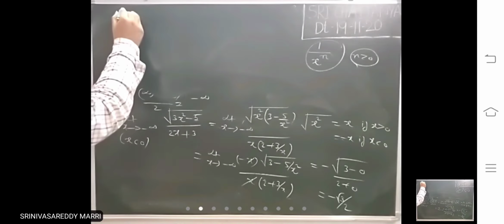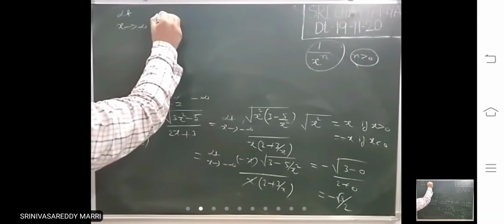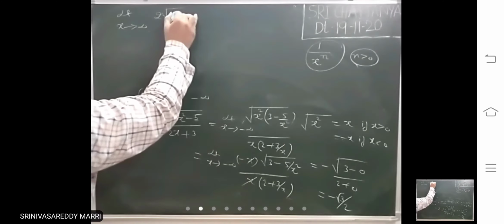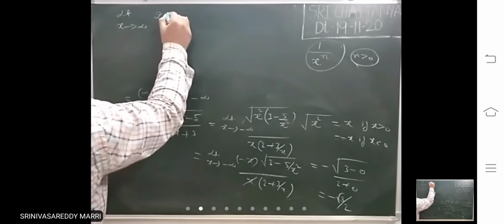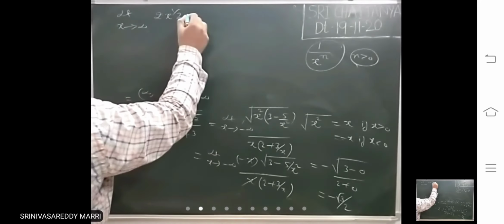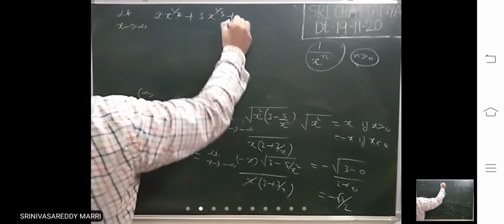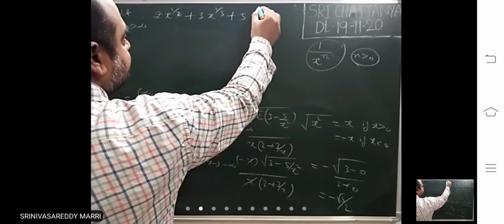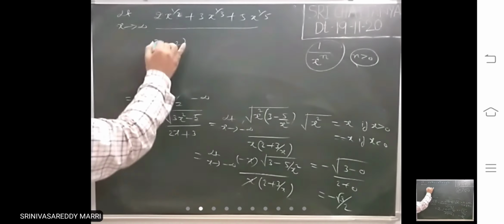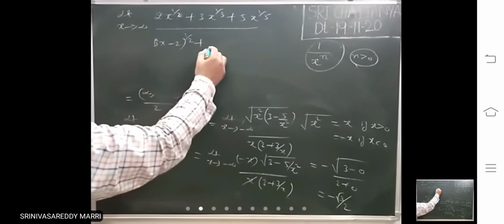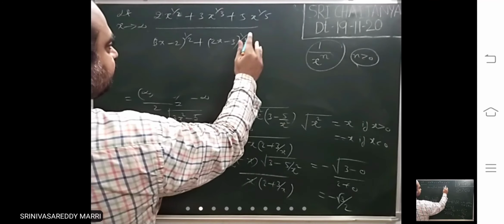Suppose we look at one problem. Limit x tends to infinity, 2 root x plus 3 into x power 1 by 3 plus 5 into x power 1 by 5, divided by 3x minus 2 whole power 1 by 2 plus 2x minus 3 whole power 1 by 3.